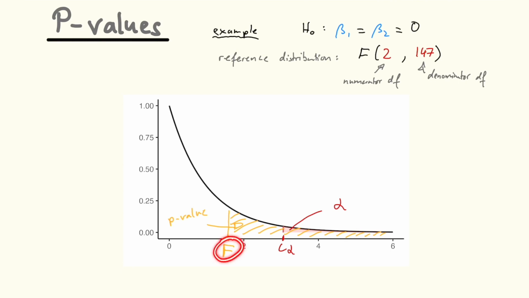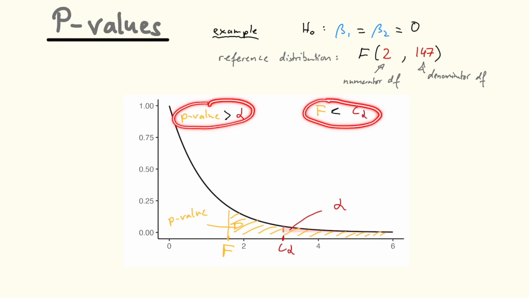Since F is a function of the sample and therefore random, so is the p-value. Here in this example, we observe F smaller than the critical value. What does this imply for the p-value? Note that integrating from C alpha to infinity gives us area alpha. But to compute the p-value, we started integrating earlier, so we obtained this additional area. Therefore, the p-value has to be larger than alpha. These two statements are equivalent.